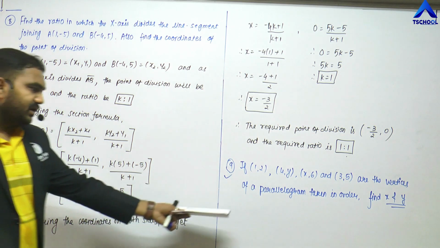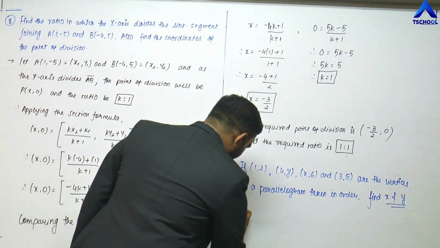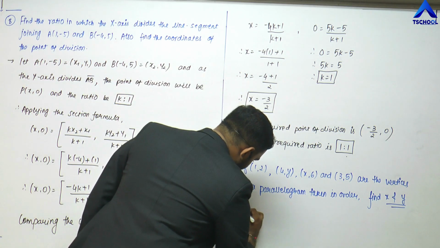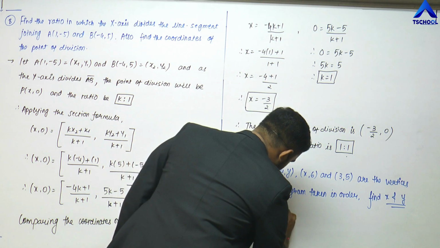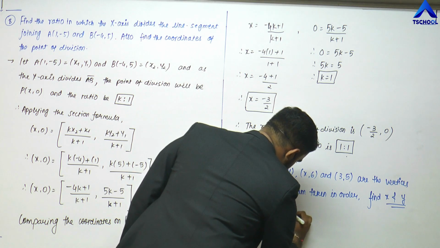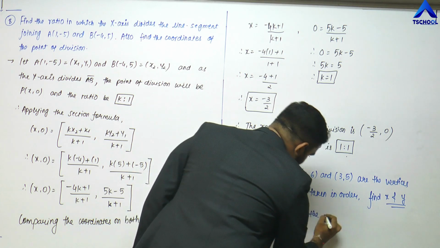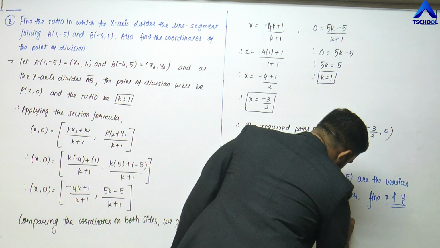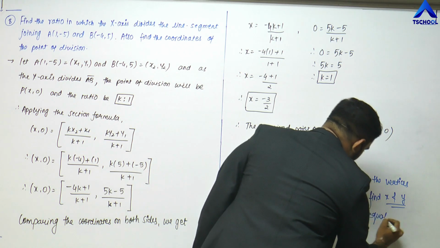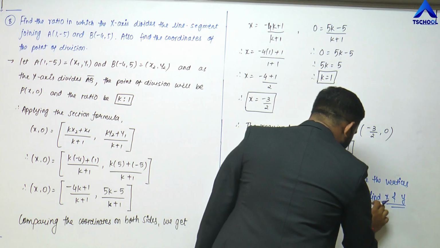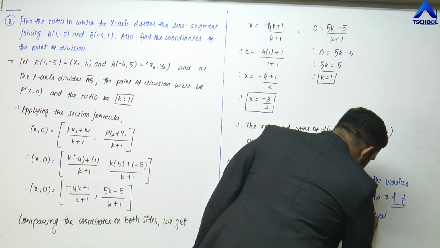What you are going to do here is, hint, midpoints of the diagonals are equal, right? You are going to simply take them as equal.